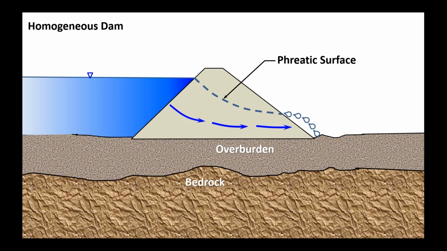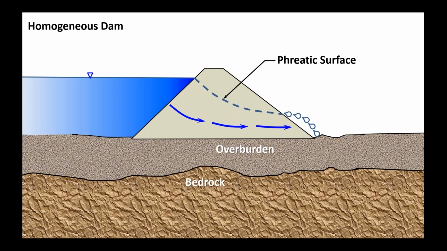So if you were to put instrumentation in the embankment, anything below this dashed line would be saturated. So that would be like a column of water. Above that, it would be dry. And in this case, in this cross section, you can see the flow going through the embankment from the reservoir level, from the high to the low.